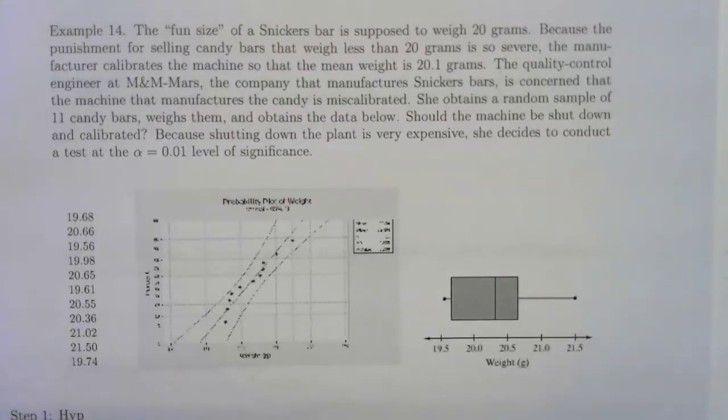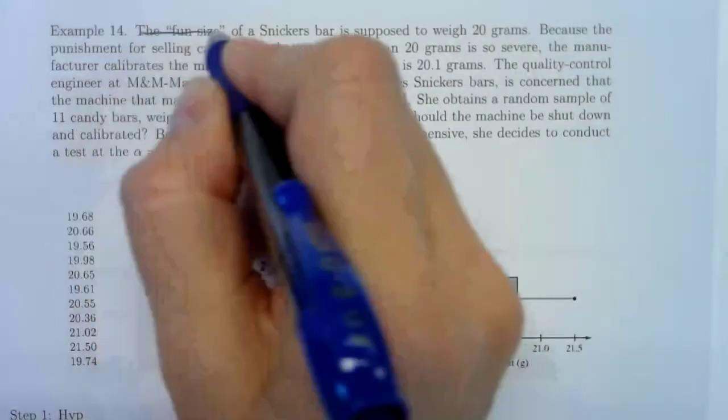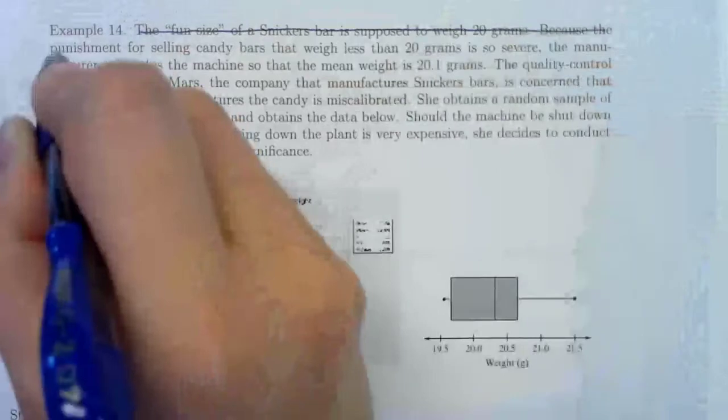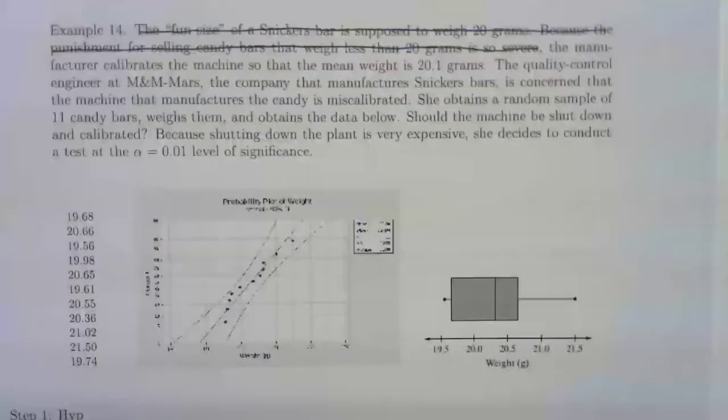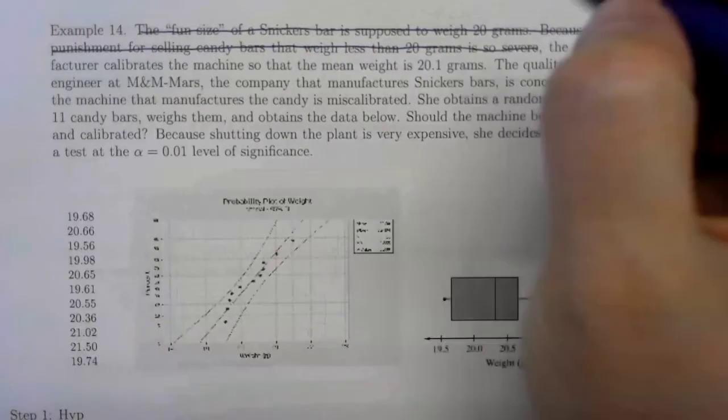level of significance. Before we even start, I'm going to let you know that the first sentence and a half is unnecessary. It's an explanation or a definition as to why we set the machine at 20.1. We could have started the problem here. The manufacturer calibrates the machine so the mean weight is 20.1 grams.